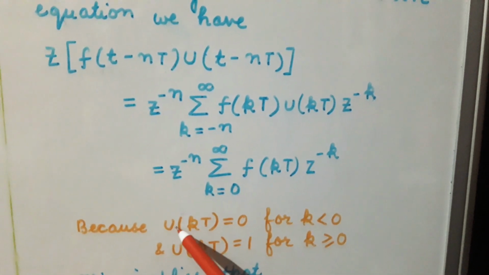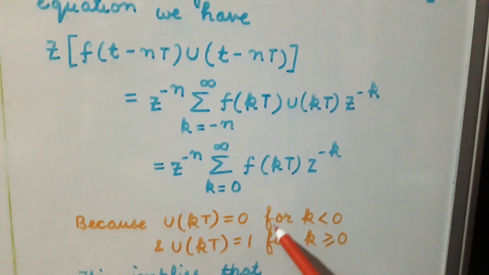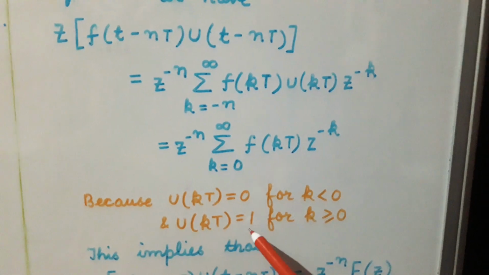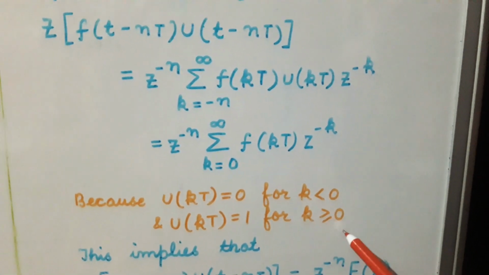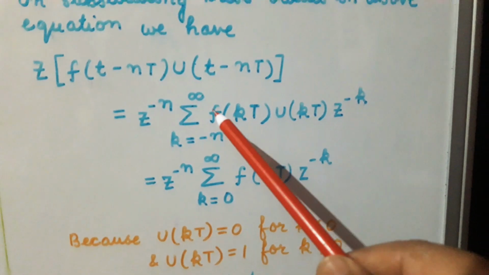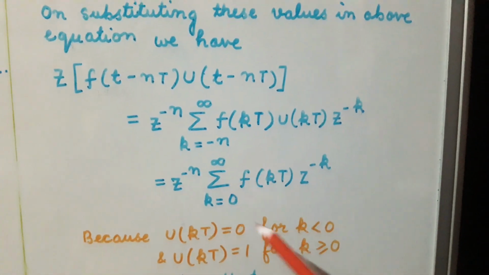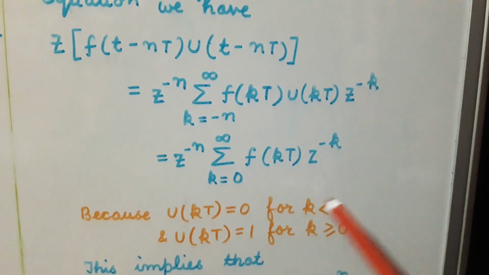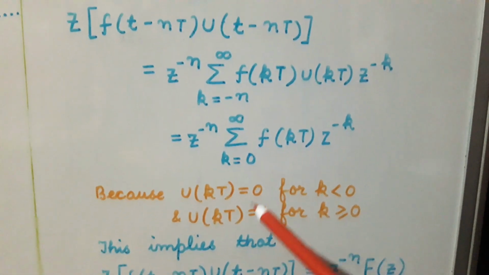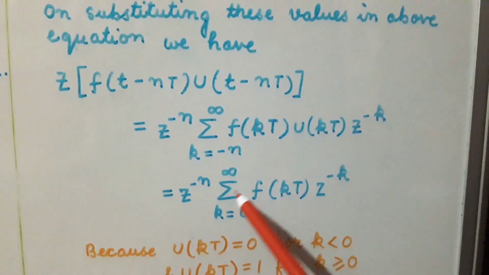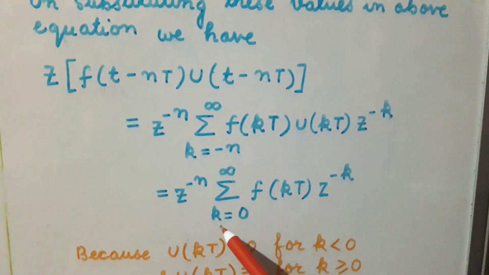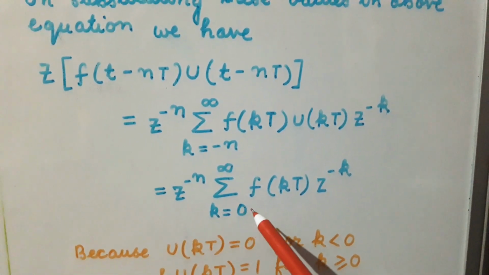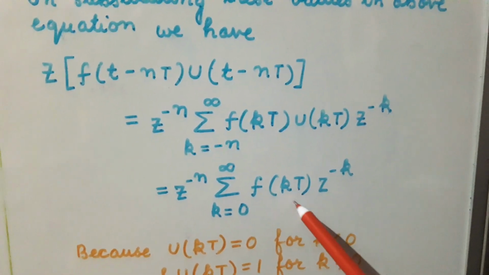So the value of this unit step function will be 0 for k less than 0, and it will be equal to 1 for k greater than or equal to 0. So all the terms for k less than 0 will be equal to 0, so that the summation will be from k equal to 0 to infinity, because all the values less than 0 will be equal to 0.